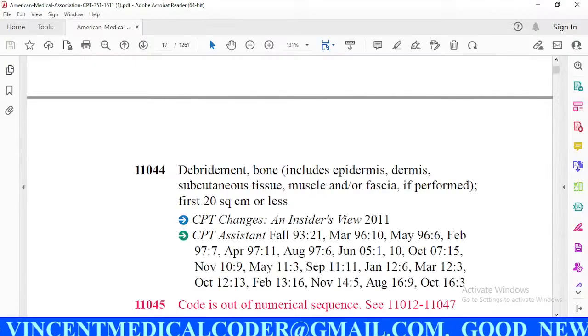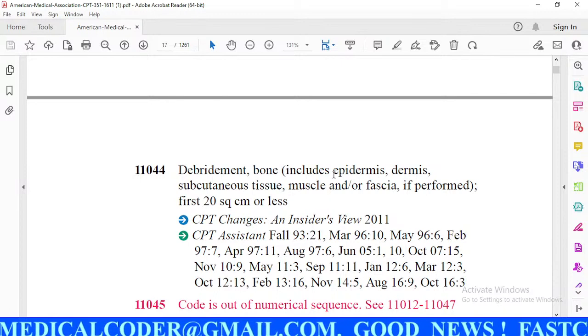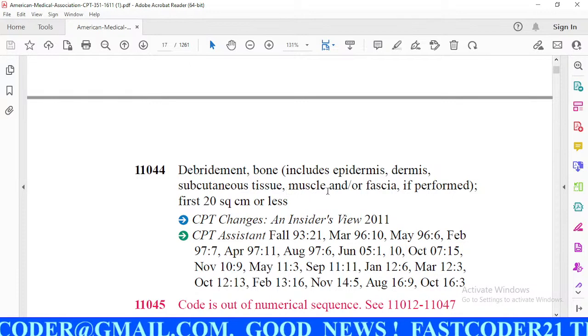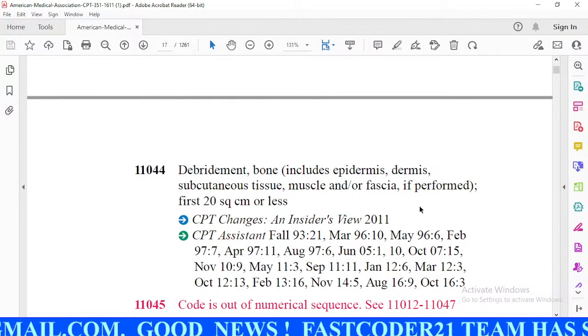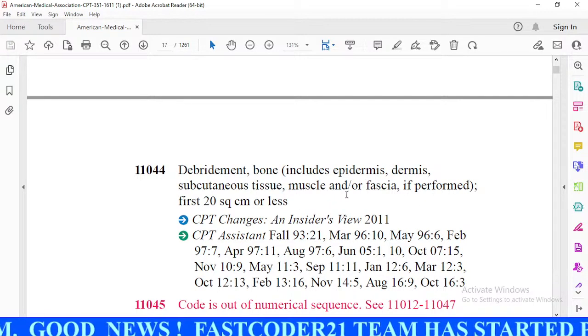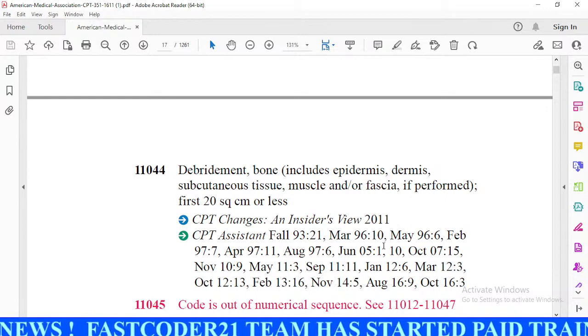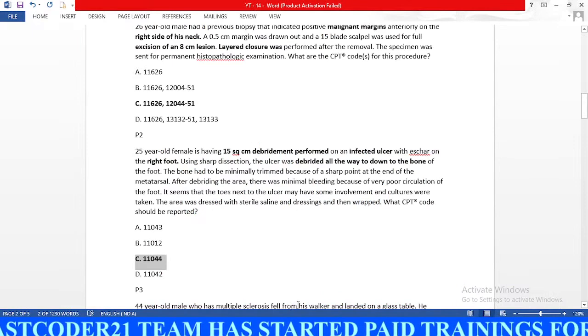You need to understand that our skin layers go in this order: epidermis, dermis, subcutaneous tissue, muscle and or fascia, then bone. I hope everyone got this answer and wrote it correctly.